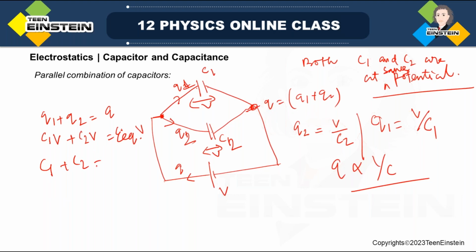So we can see this is similar to the series combination of resistors.